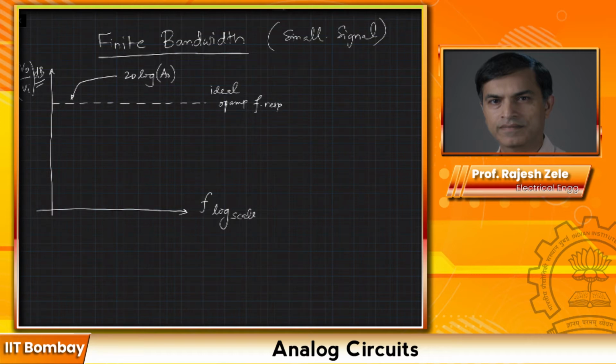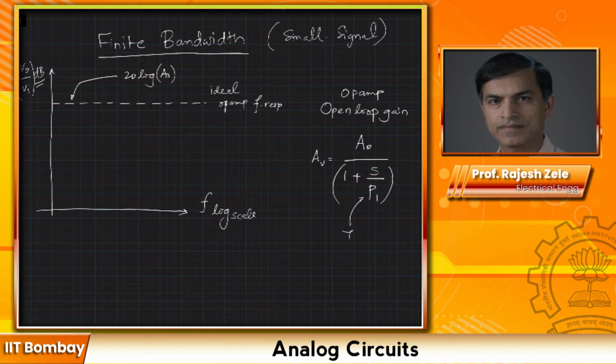We will have some capacitive elements inside the op-amp, and that will cause this gain to drop, and we like to call that roll off. So you can model the open loop gain of the op-amp as A0 ideally, or more realistically it would look like A0 divided by 1 plus s divided by P1.